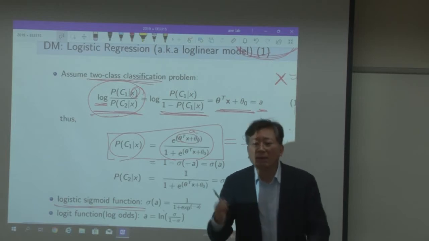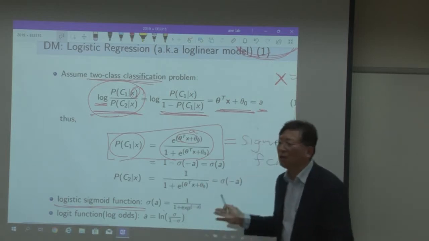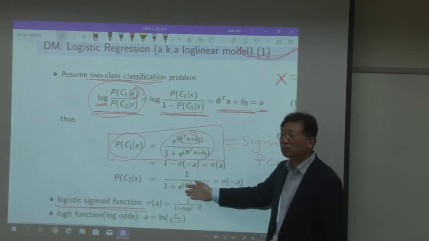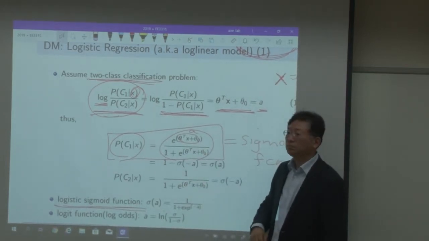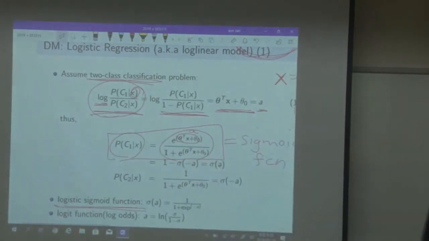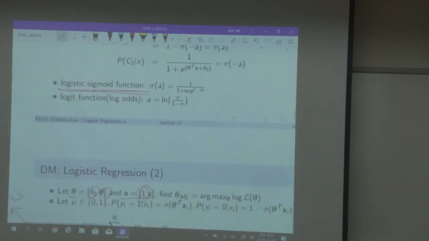In what way am I going to model theta and theta naught, in order to use this? Understand? So, the next page is about training.